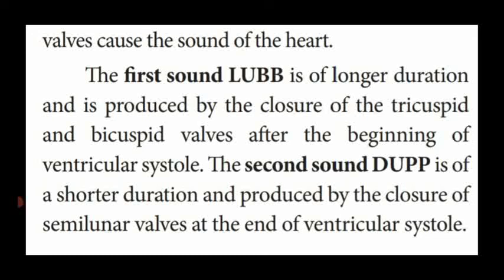Then pulse rate, what is pulse, what is the cardiac cycle. The duration of the cardiac cycle is 0.8 second. It is divided into 3 events: atrial systole, contraction of the auricle, 0.1 second; ventricular systole, contraction of the ventricle, 0.3 second; ventricular diastole, relaxation of the ventricles, 0.4 second.